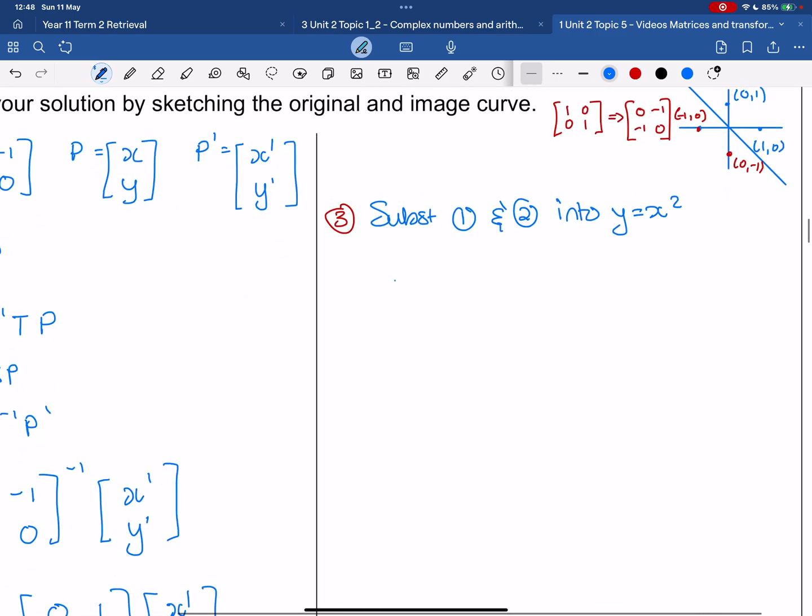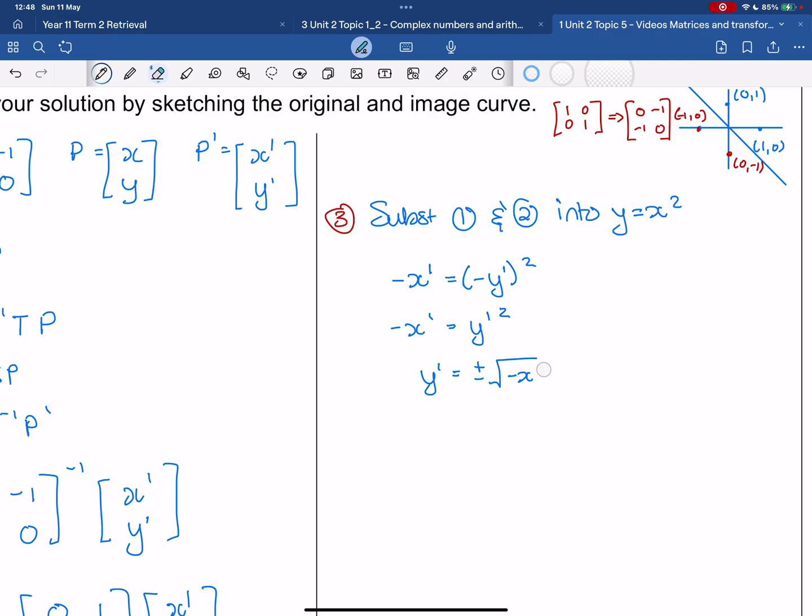And so we have negative x primed is equal to negative y primed squared. So negative x primed is equal to y primed squared. So I can rearrange that so that y primed is equal to plus or minus the square root of negative x primed. And hopefully you recognize that as a sideways parabola.